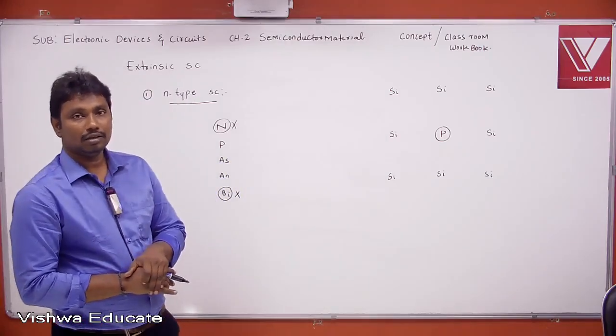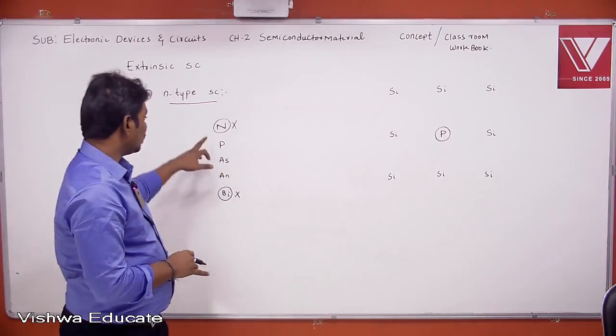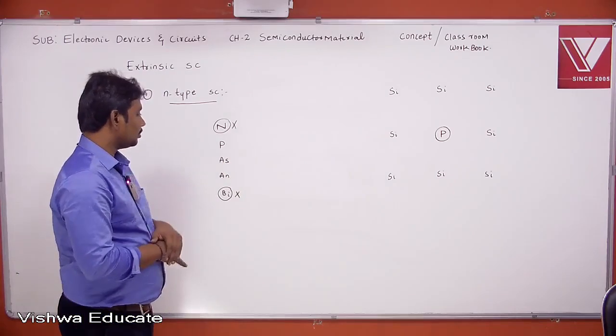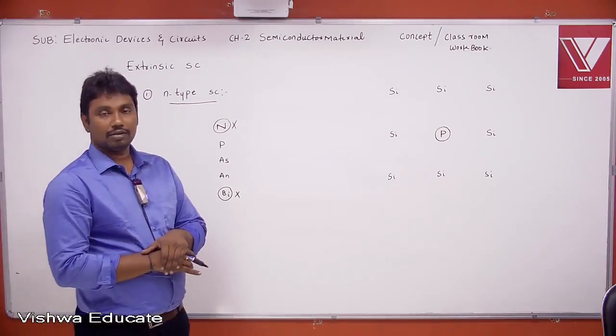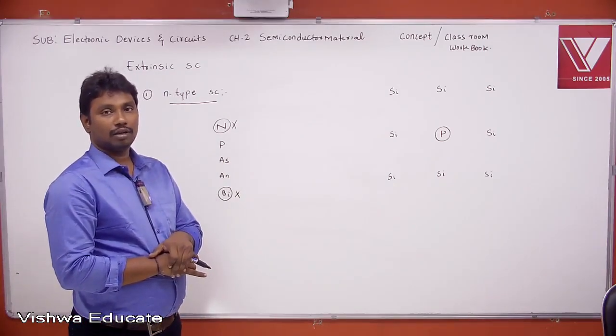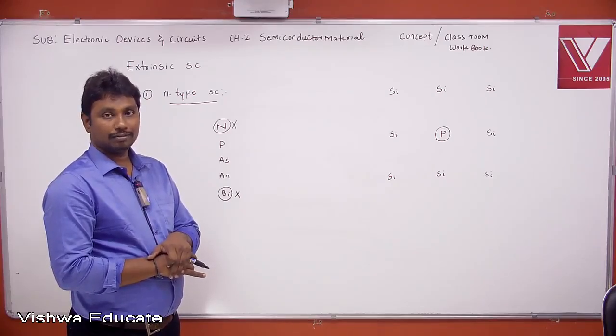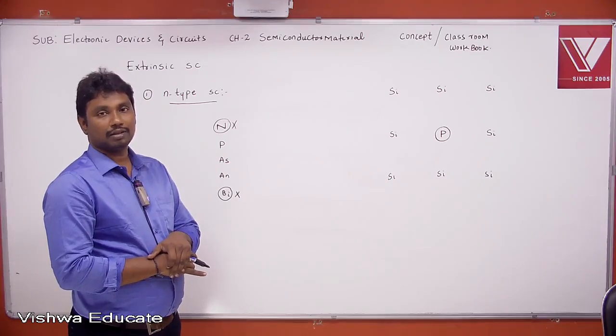Example, write down like this: nitrogen, phosphorus, arsenic, antimony, bismuth.